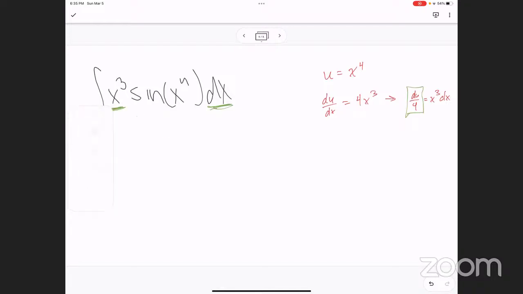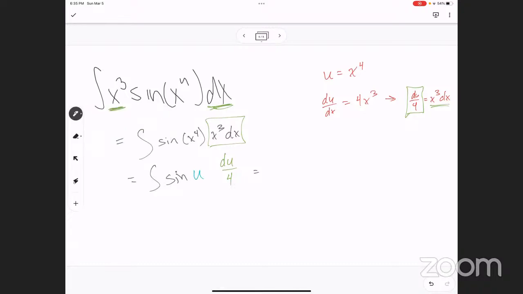So I can rewrite this as the integral of sine of x to the 4th, x cubed dx. I'm going to substitute du over 4 for x cubed dx, and instead of writing x to the 4th, I'm going to write u. The sine of u, that's right.